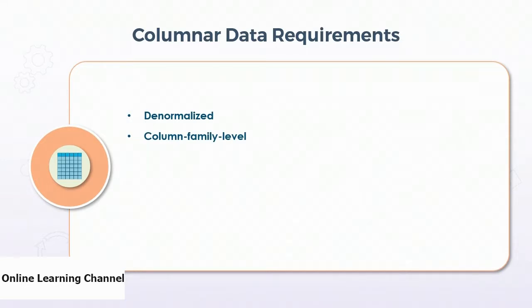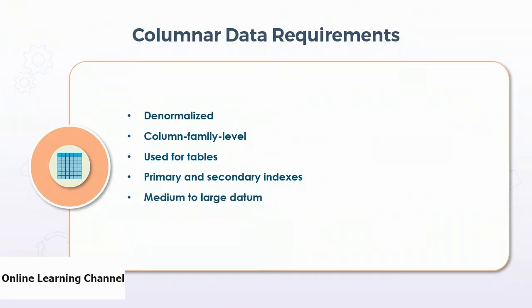Columnar data stores use the concept of tabular data, although unlike a relational database, where records are stored as rows, in columnar data stores, the primary data object is the column. Both primary and secondary indexes may exist on a columnar data store for fast retrieval. The datum, or data records, can be medium to large. A single column can store gigabytes of data that can be retrieved in one call. Like most non-relational data stores, the scale of a columnar data store is large.